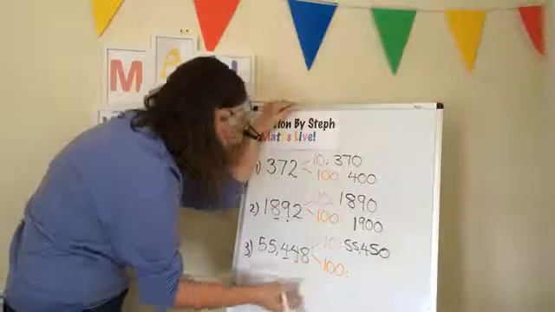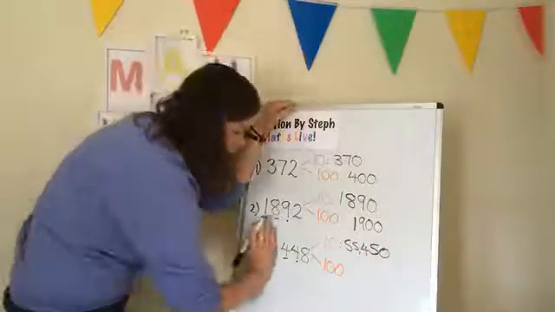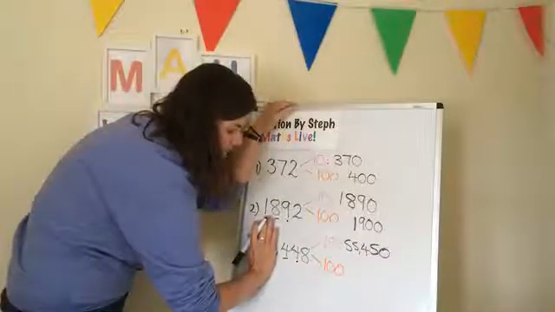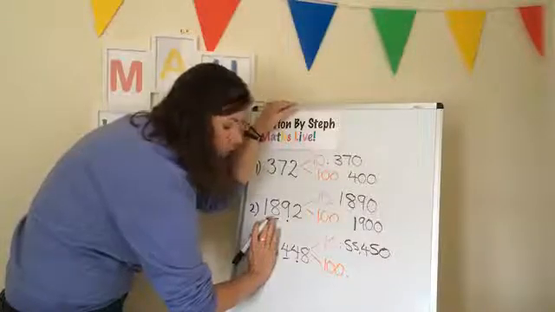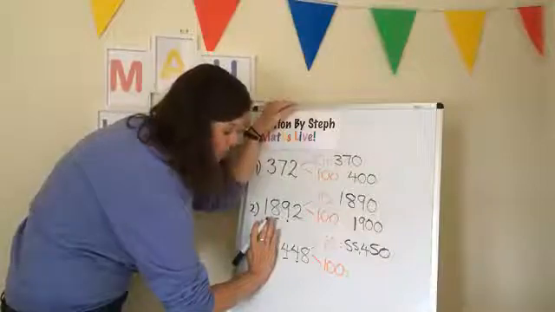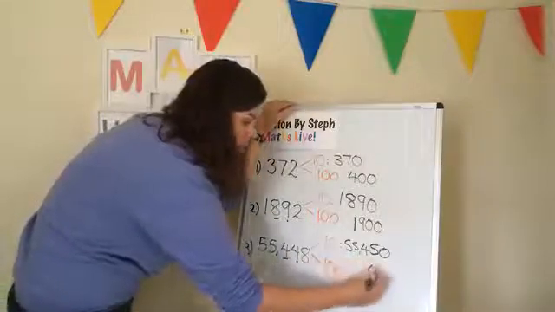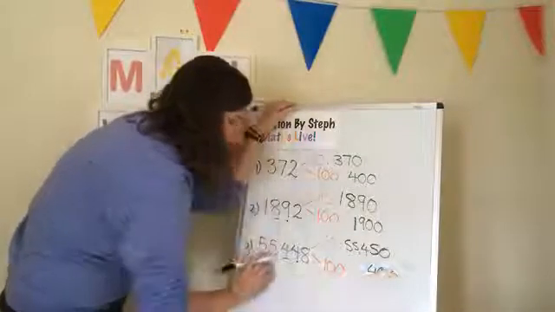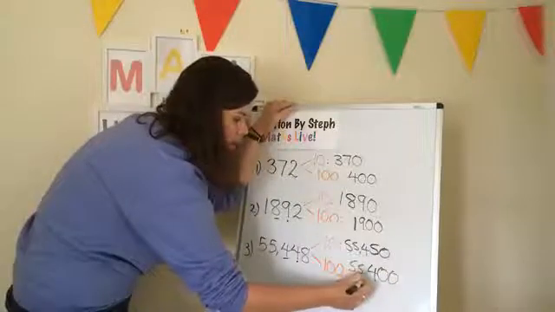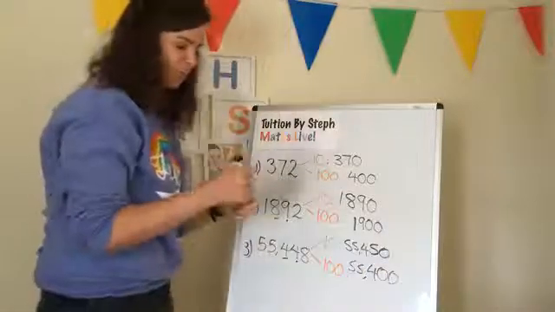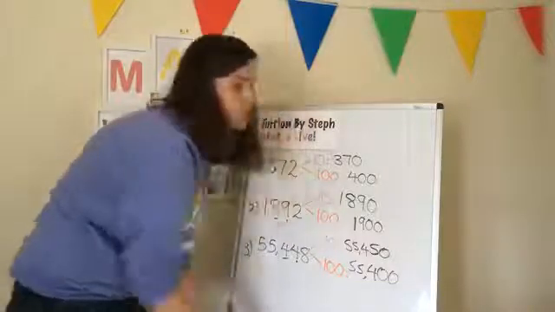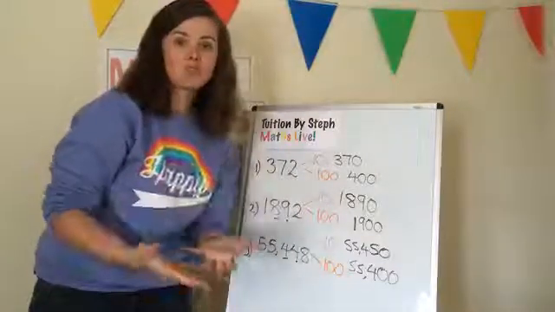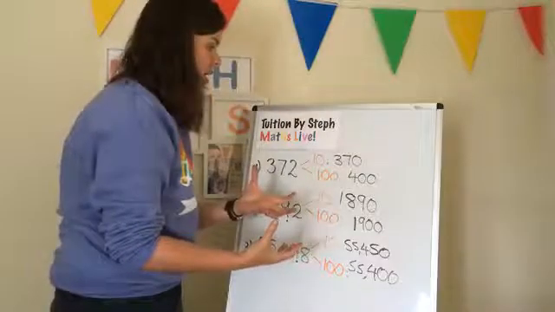The other 4 next to it tells us what to do. So 448 to the nearest 100. We're in the 400s. 4 means round down or stick. So we're sticking in the 400s. And then don't forget the rest of the number. 55,400. Great.